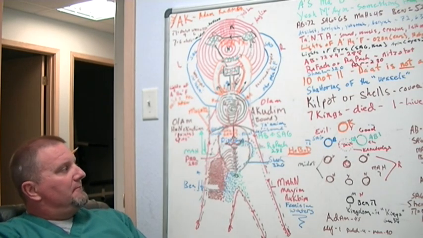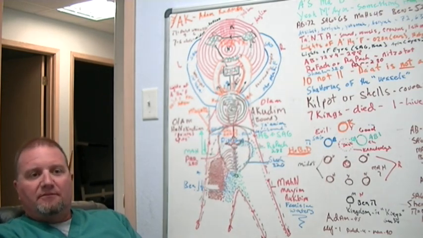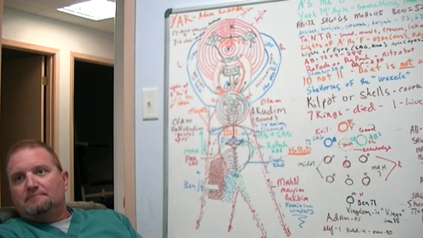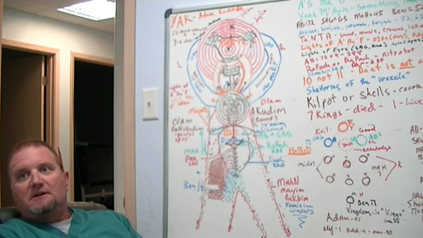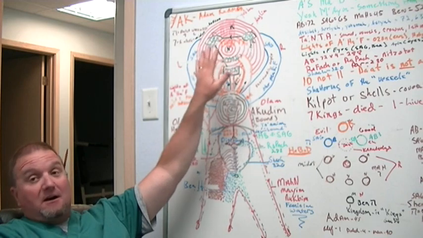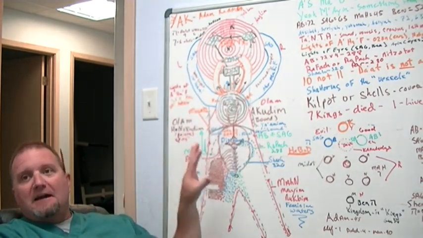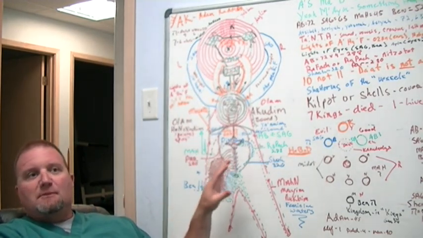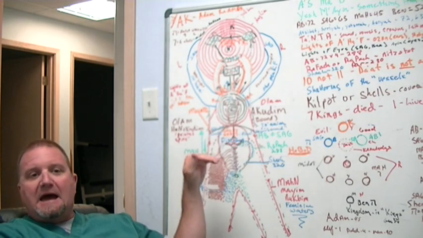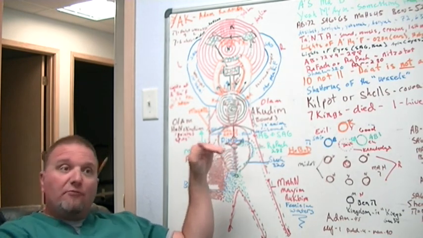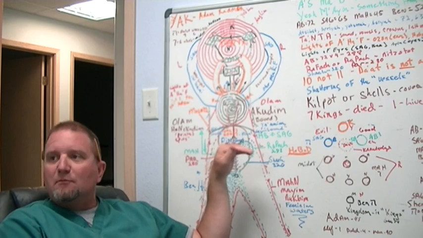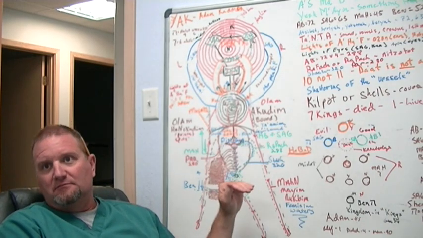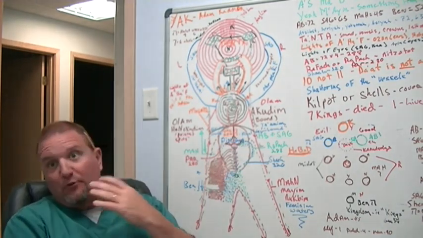It's going to be the world of Adam Harishon. This is Adam Kadmon, and then there's going to be Adam Harishon. There's going to be an Adam, quote unquote, before the fall, and an Adam, quote unquote, after the fall. And so we're going to have to study both of them.